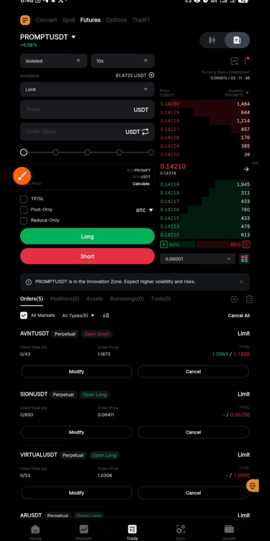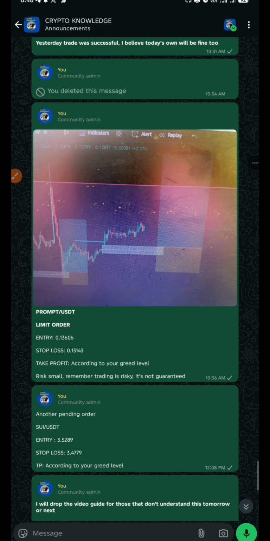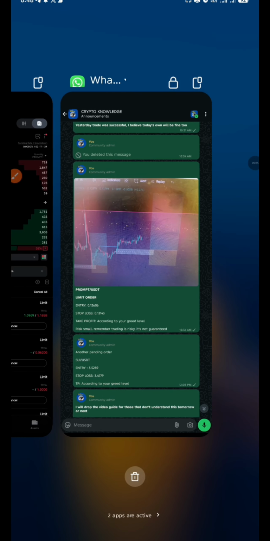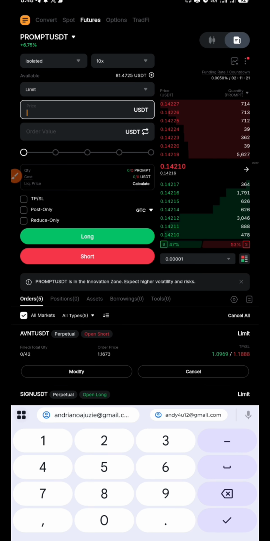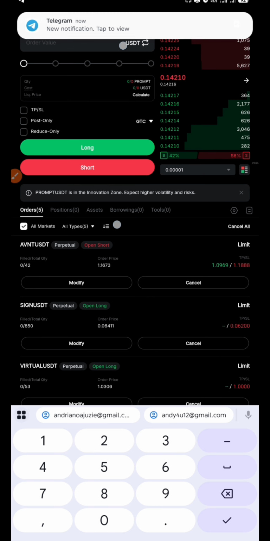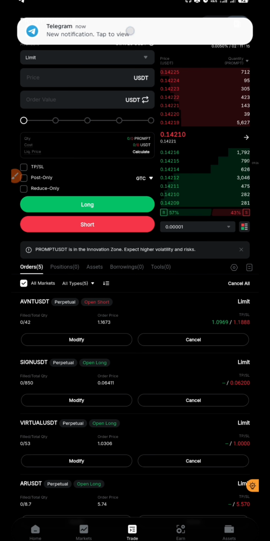So let's say with this prompt, the order I drop says we should enter at limit order entry 0.13606. So you type it on the order.